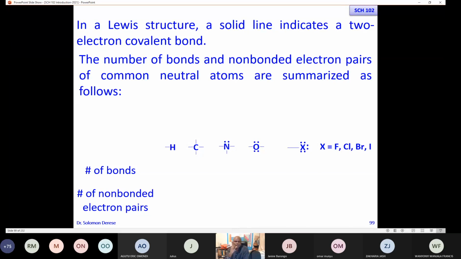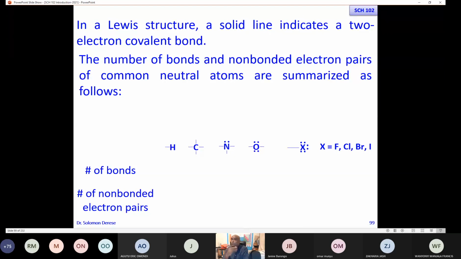The reason is that hydrogen will want to have the electron configuration of the corresponding noble gas helium. Helium has 2 electrons, but hydrogen has 1. To have that of helium, it requires an additional 1 electron. As a result, hydrogen forms one bond. You cannot have a hydrogen bonded on this side, on that side. It only forms one bond.